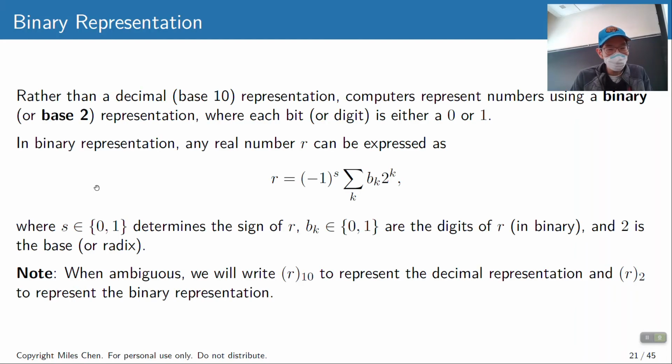A lot of you have seen binary representation before, but just in case you haven't, don't feel bad. We'll just do a quick recap of binary representation. In binary representation, you only have 2 digits, 0 or 1.